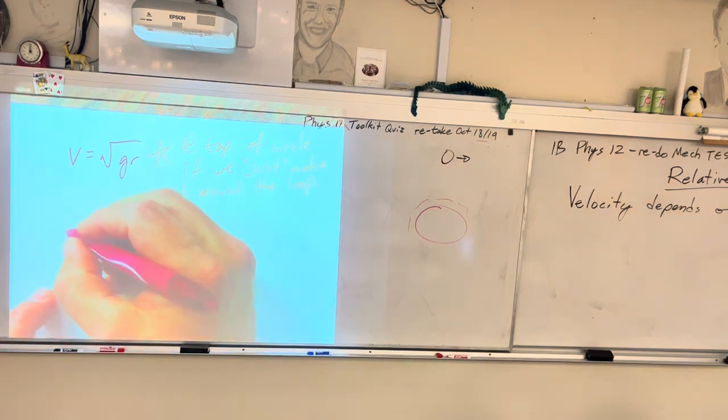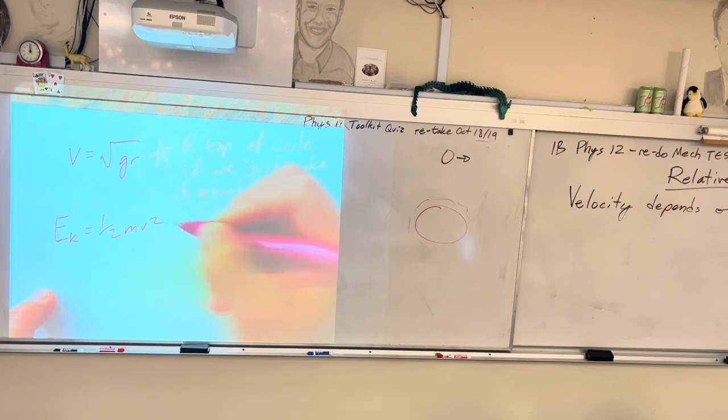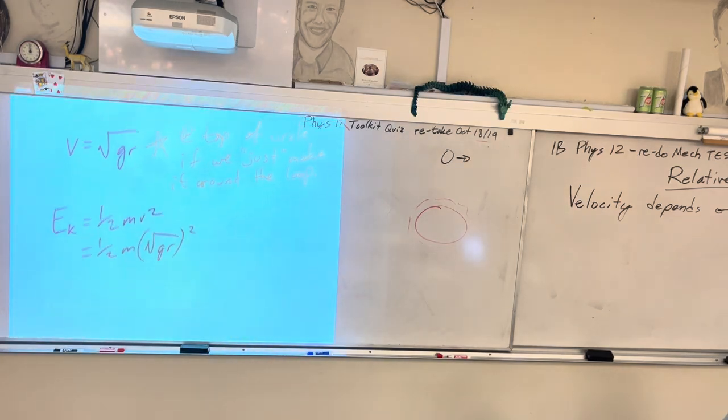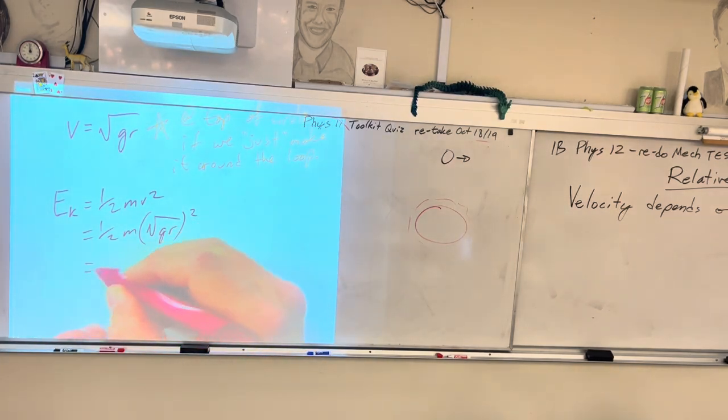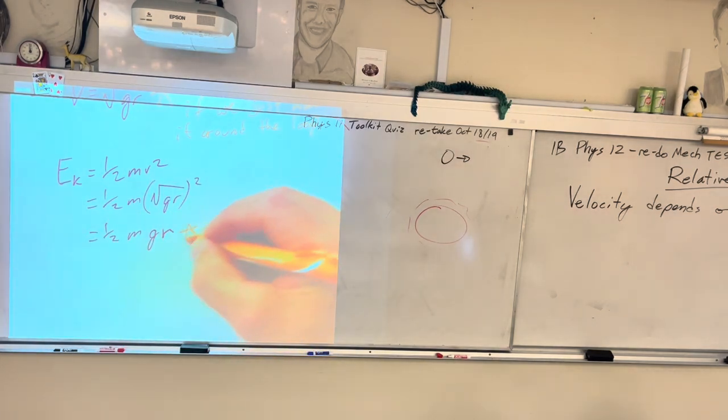And so of course, EK is half mv squared. And so if we do half m times gr, then we're going to have half mgr. So this is the kinetic energy we need at the top.